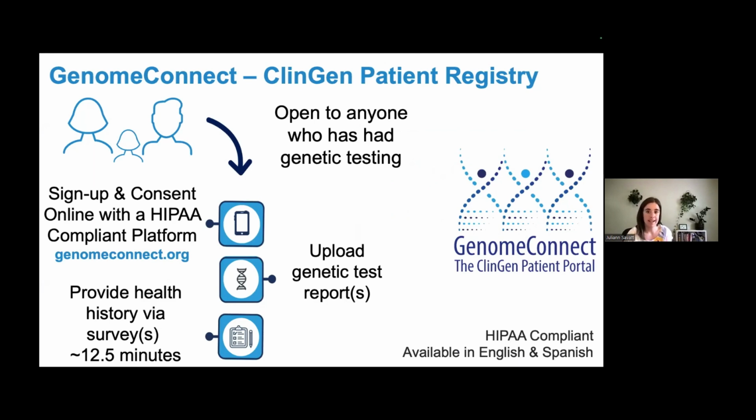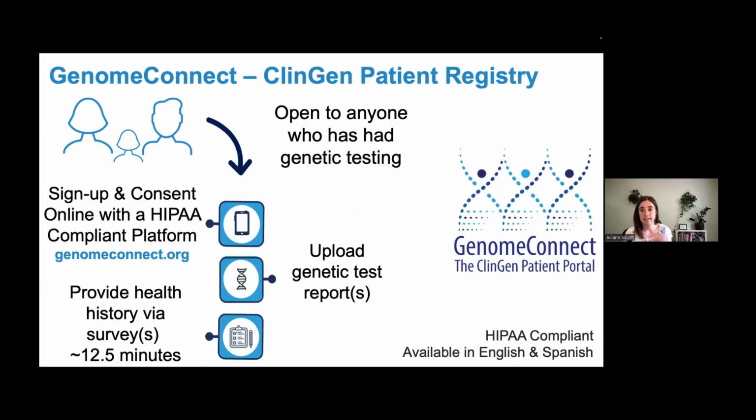Participants enroll online and they're consenting to de-identified data sharing and recontact over time. They then share their genetic information by uploading their genetic test reports, and they provide health history via surveys. And the whole process from consent, sharing genetic results, and that initial health survey takes about 15 to 20 minutes.